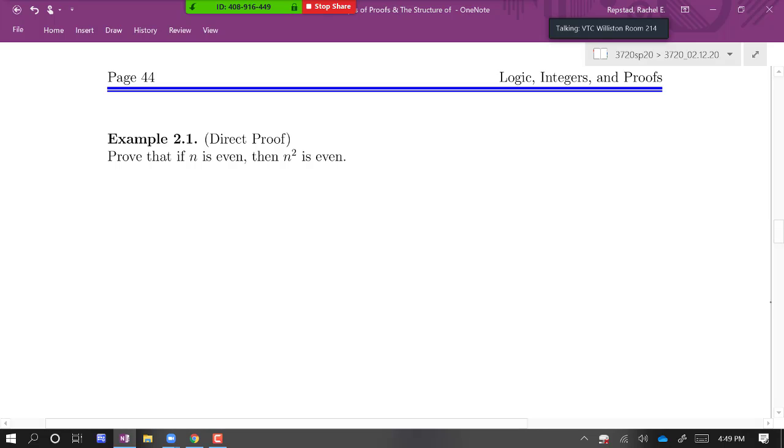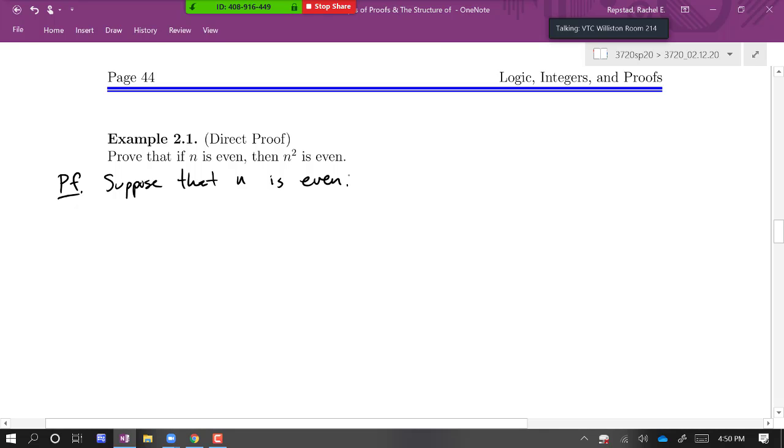So here's a quick direct proof. Prove that if n is even, then n squared is even. So we're going to suppose that n is even. These are even-odd proofs, whether something's even or odd. Being even is equivalent to being a multiple of 2, right? There's a factor of 2.